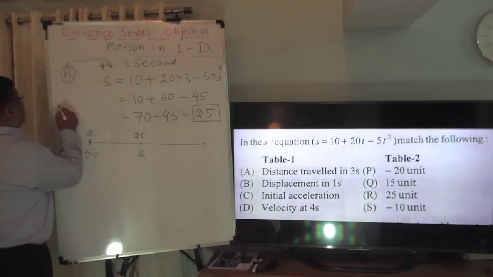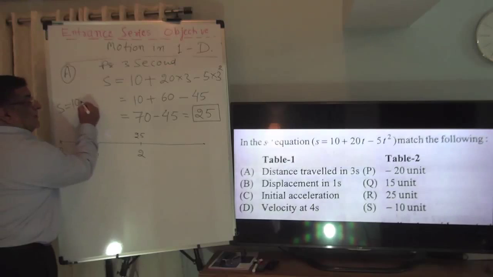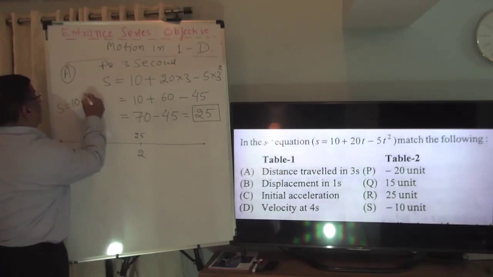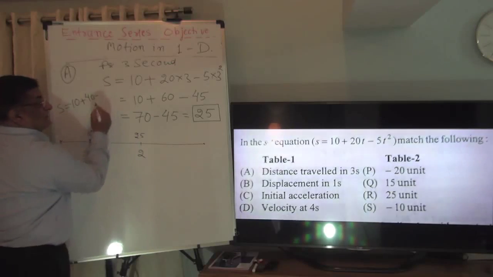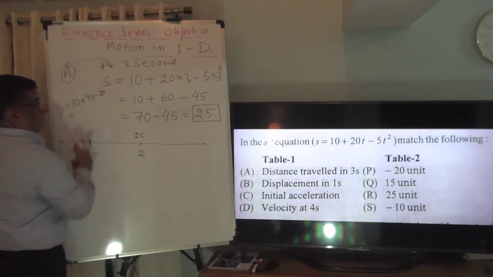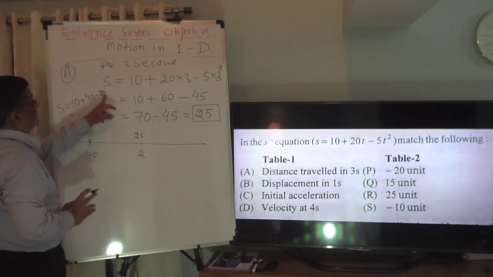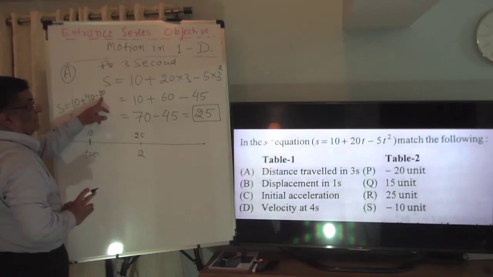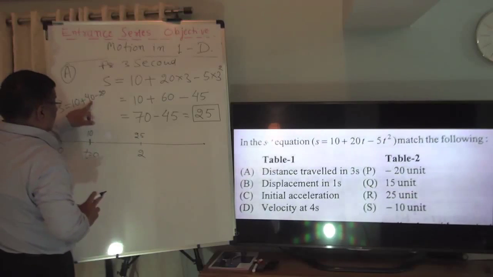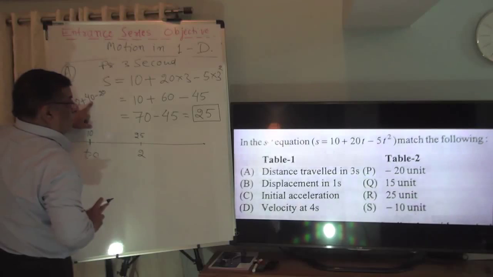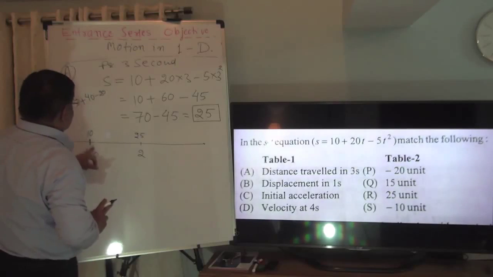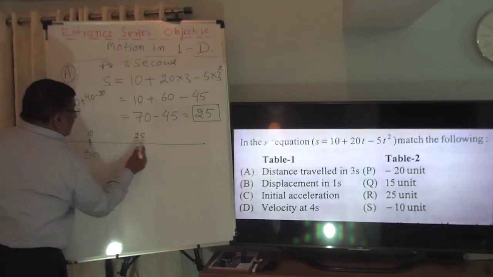See again, S is equal to 10 plus 2 into 20, 40 minus 2 2s are 4 5s are 20. I am sorry. 2 into 20, 40. This is time is equal to 1 second.